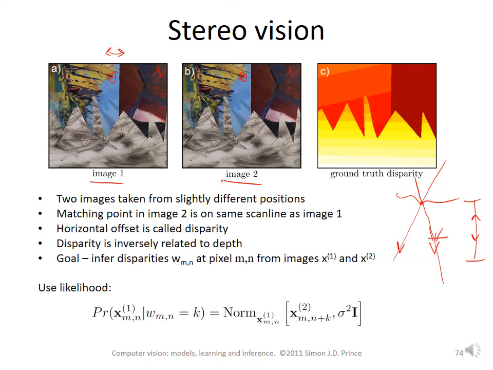And so what we're essentially doing is boiling down stereo, the estimation of depth or its inverse, disparity, to a matching problem. We wish we could find the same part of the scene, the appearance of it, that we saw at some location in image 1. We want to figure out where it appeared in image 2.